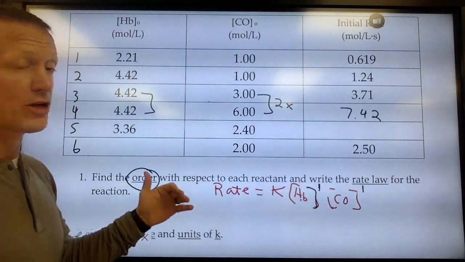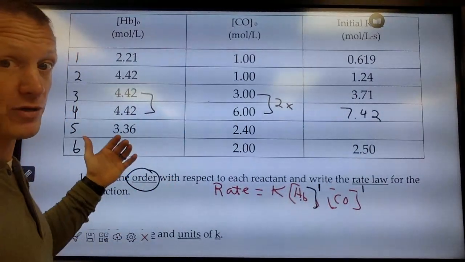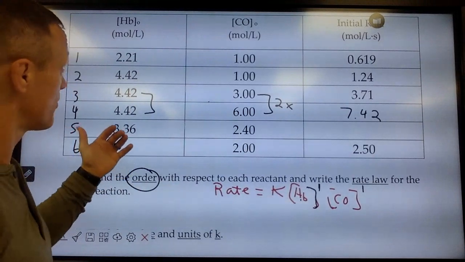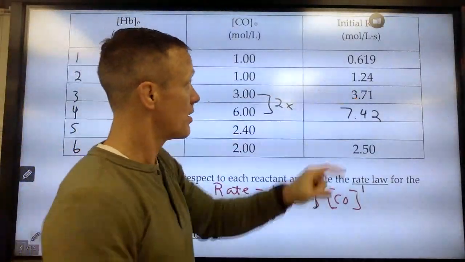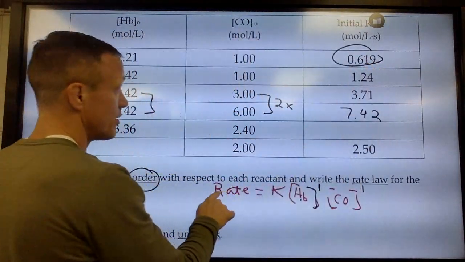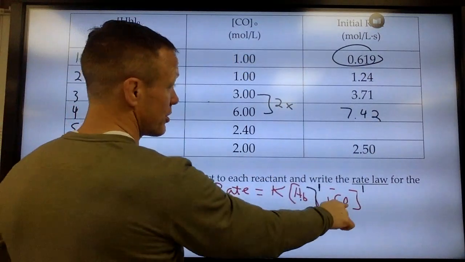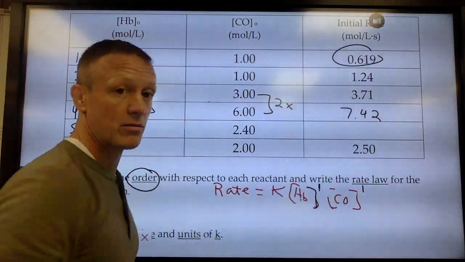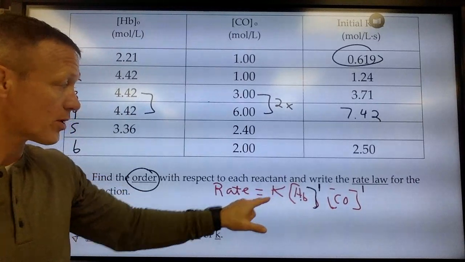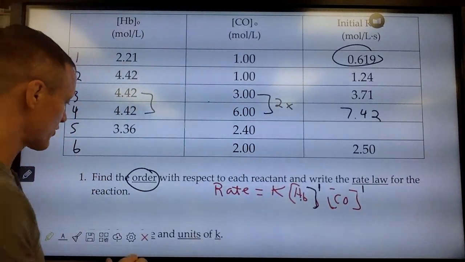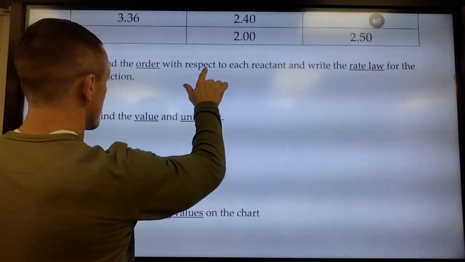So I'm going to plug in a trial that we know everything for. We could plug in trial 1, 2, 3, or 4 in this case. I'll probably just use 1. So I'm going to put in this rate, this concentration, and this concentration. I'll plug those in and solve for our rate constant and show you how to get the labels for that. So I'm going to scroll up here a little bit.